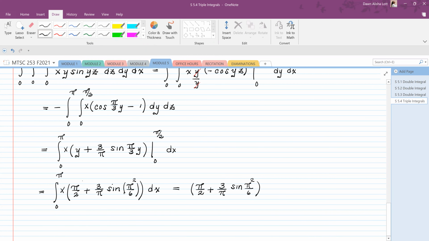Then I'm going to integrate that and get 1/2 x squared, evaluated between 0 and pi.